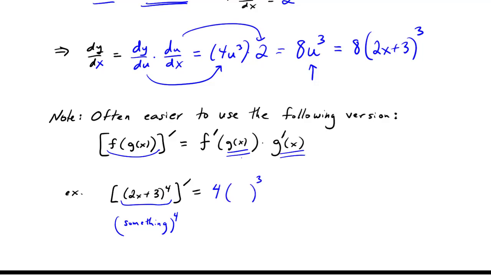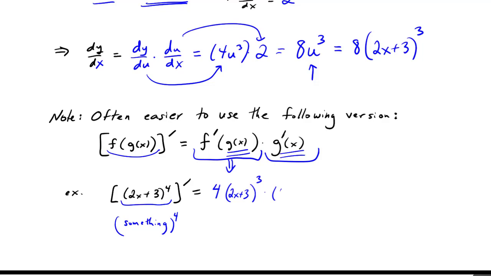Now we've seen that if you have something to the fourth, then that would be 4 times the something cubed, with the power rule. So now the only difference here is that something I just hold on to and I put inside: 2x plus 3 cubed. That's this part right here that I just did. That's the derivative of f still at g of x. But then what I still need is the derivative of g.